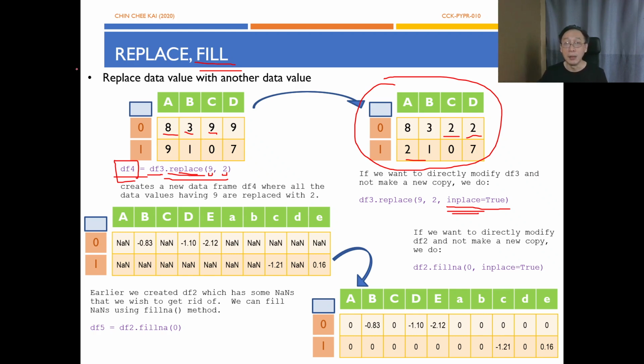The fill, F-I-L-L here in pandas specifically refers to the sort of holes, the nans that we talked about or have seen earlier on. So when we have the nans, it of course increases the difficulty of readability.